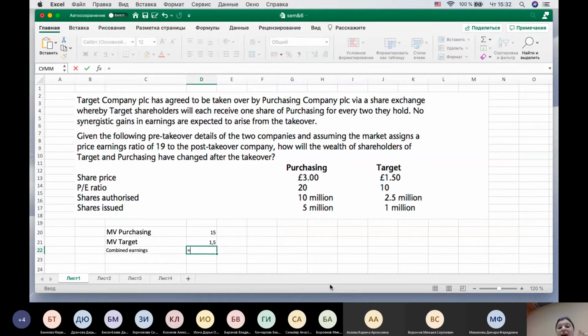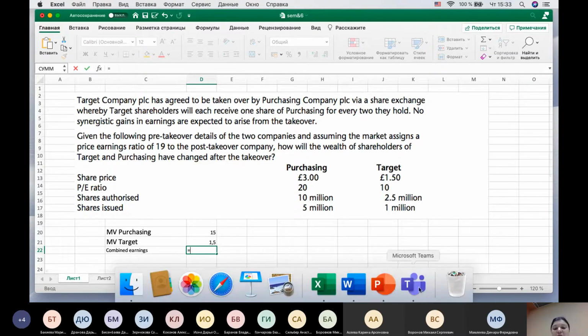Combined means the sum of two companies: the first company, purchasing, and the second company, target. But could you start this formula perhaps for the purchasing company? Using pay ratio, certainly I can agree with you, but how?